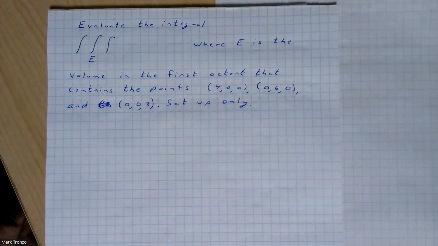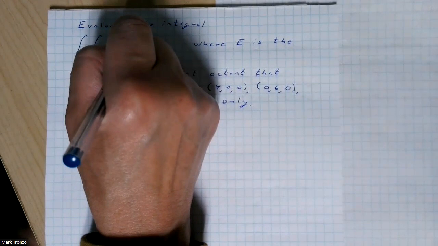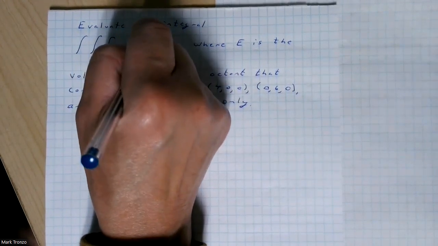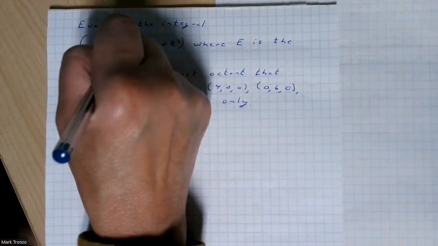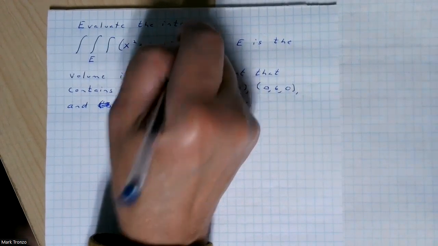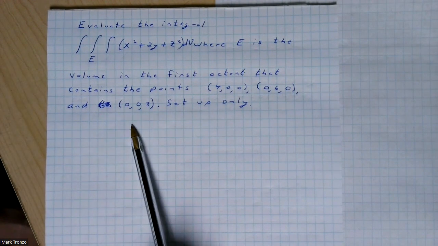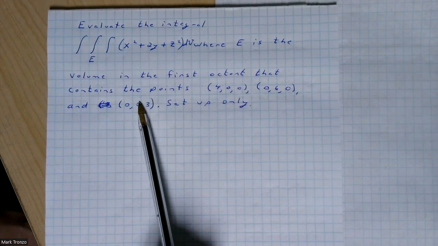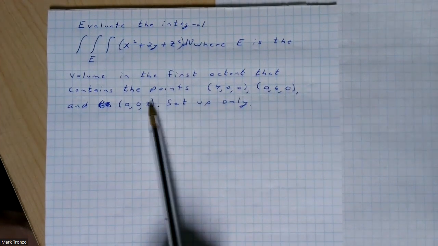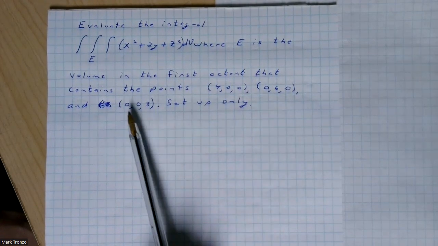So let's take a look at this integral. Let's say we have x squared plus 2y plus z squared dv, where E is the volume in the first octant that contains the points 4, 0, 0, 0, 6, 0, 0, 0, 3.